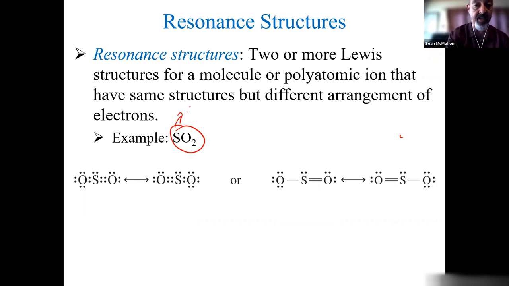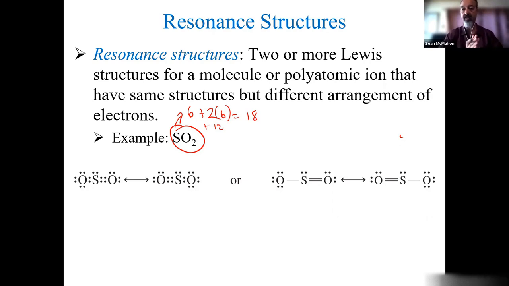It's group 6A, so I have 6 valence electrons. There are 2 oxygens, and each of those, group 6A, has 6 valence electrons. So I have a total of 6 plus 12 equals 18 valence electrons. That's my total for SO2.